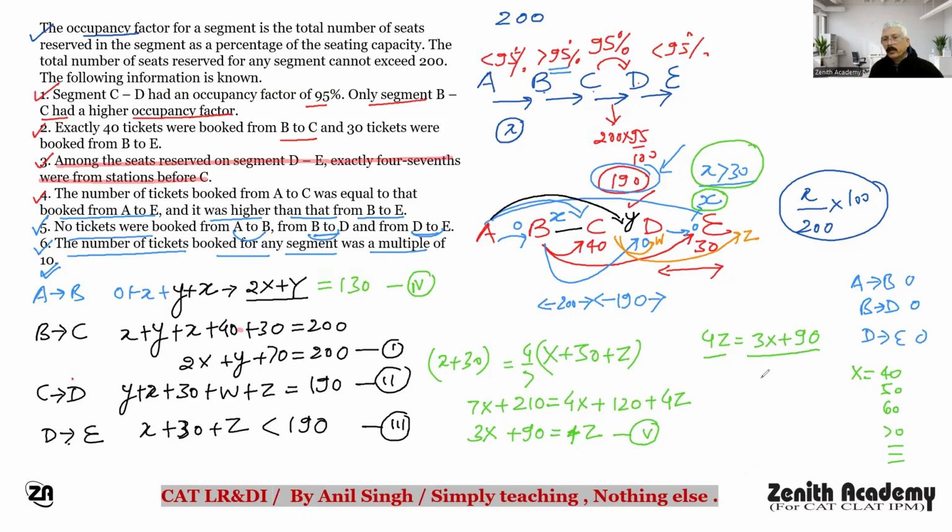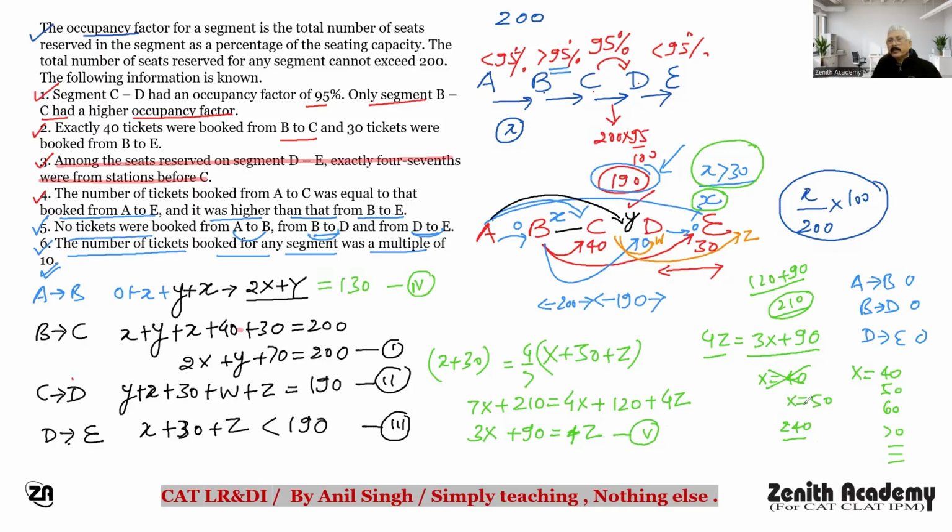If you take x is equal to 40, तो 3 × 40 is 120, 120 और 90, ये जो उसका सम आएगा 210, ये 4 का मल्टीपल नहीं है, तो राइट हैंड साइड 4 का मल्टीपल नहीं, मींस x is equal to 40 is not possible. If you take x is equal to 50, 3 × 50 is 150, 150 + 90, 240. And 240 is a multiple of 4, so 4z is equal to 240.